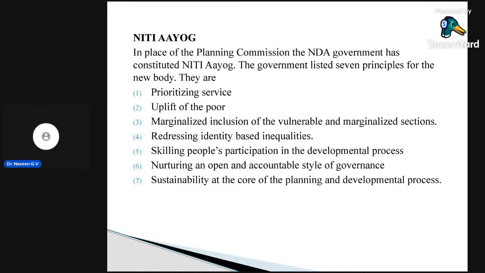That is, prioritizing the services, whatever services are provided, we give priority, and upliftment of the poor people.